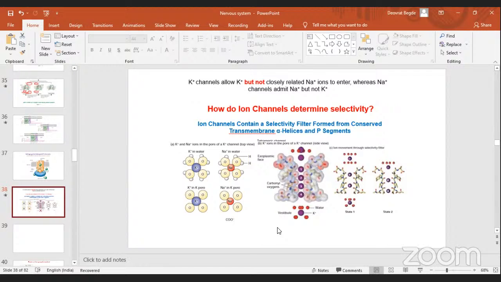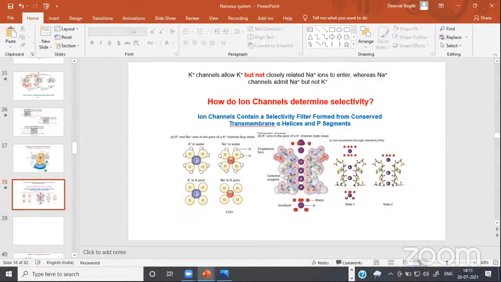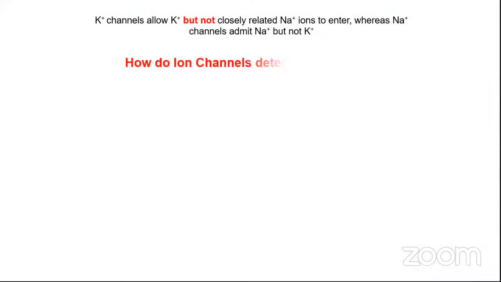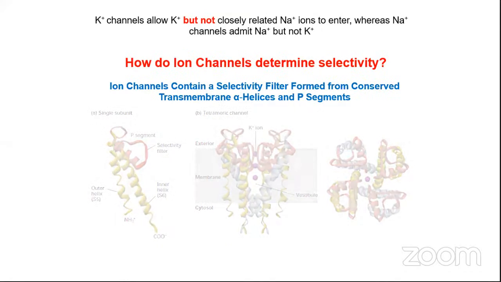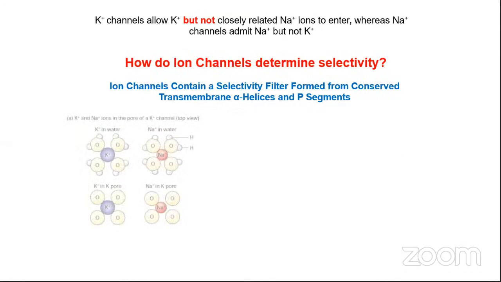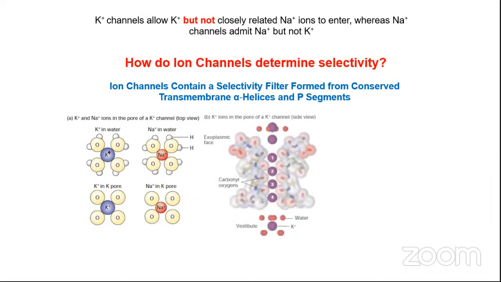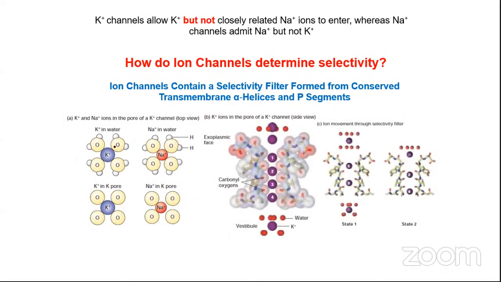So if we compare potassium ion interaction with that of sodium ions, the potassium ions are going to be associated with water molecules which are pretty close. You can look at this interaction of the oxygen of water with potassium, which is a very close association.